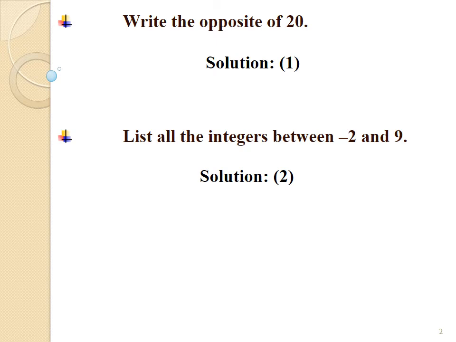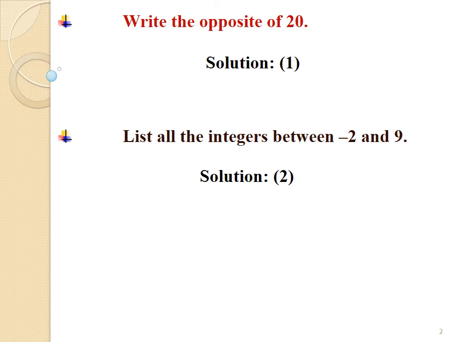Question number 1. Write the opposite of 20. Students, in this question, we have to write the opposite of 20. And we know that negative numbers are the opposite of positive numbers, and the positive numbers are the opposite of negative numbers.